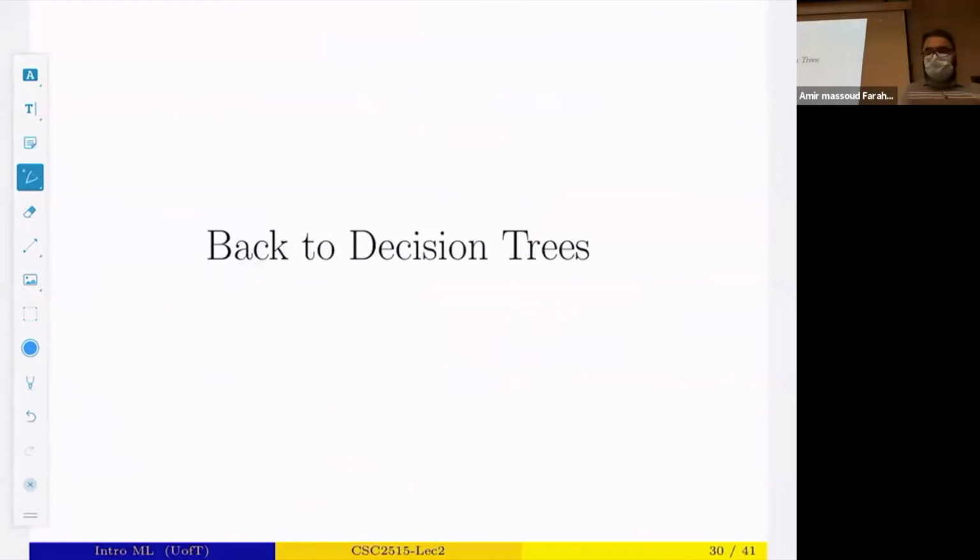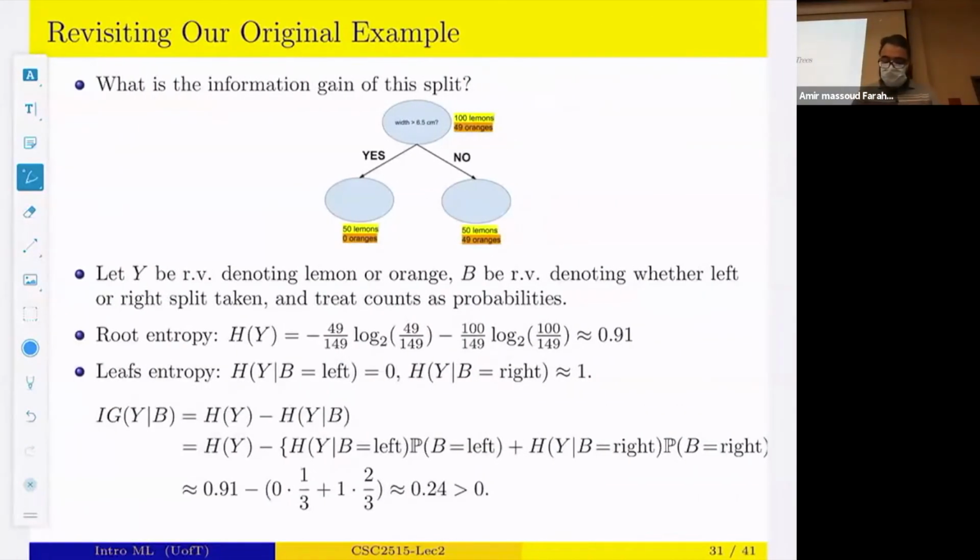Okay, so let's go back to decision trees. Let's go back to one of the figures that we had before, where we want to decide on where to split. Previously we talked about the change in accuracy as a measure, but that was not very good for this particular case because the accuracy gain was essentially 0.